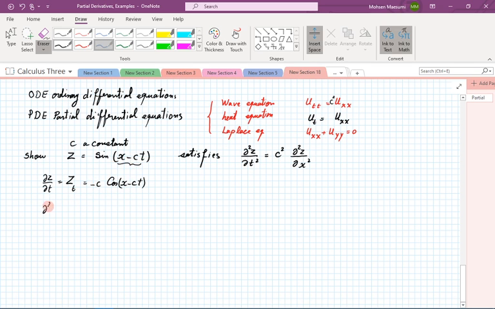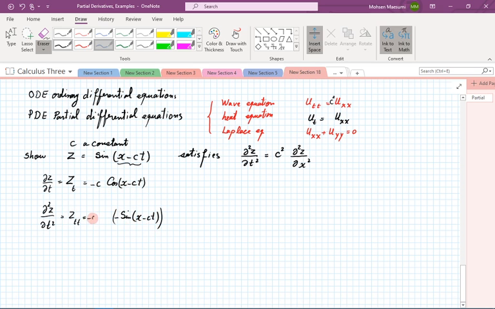Next level up, we are taking the second partial, or in abbreviated notation, z sub tt. We have to take a derivative of this thing one more time. First of all, the derivative of cosine becomes minus sine. So I'll write minus sine of that expression to make sure my negatives do not collide with each other.